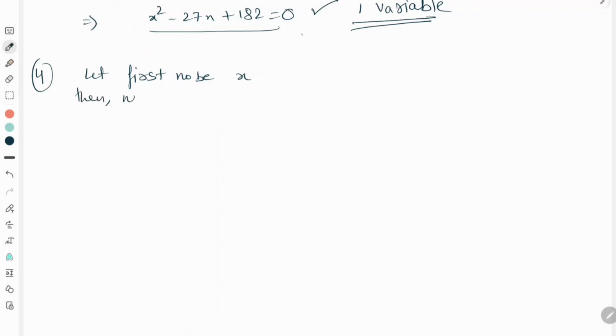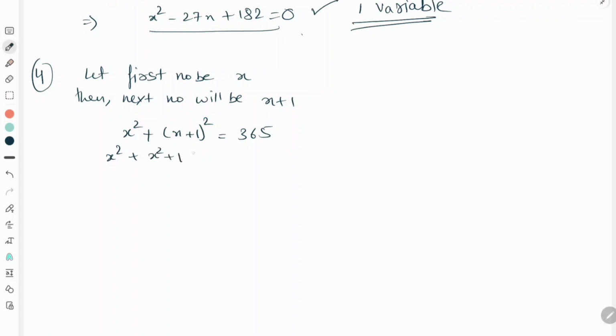The next number will be x + 1, and we are given their sum of squares. So x² + (x + 1)² = 365.